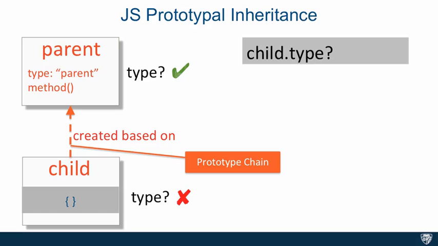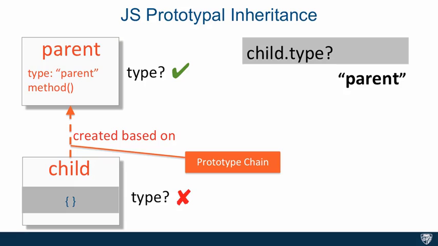And we'll ask that parent object whether or not there's a type property that belongs to it. In this case, there is one, and it evaluates to the string parent, so therefore it will get resolved. The type property will get resolved to the parent object, which means child.type expression will then get resolved to the string parent.